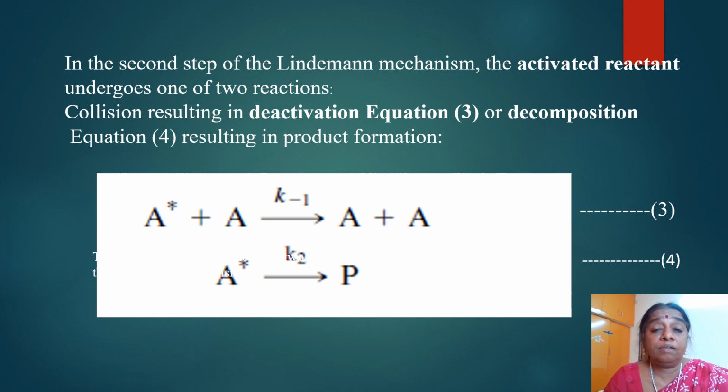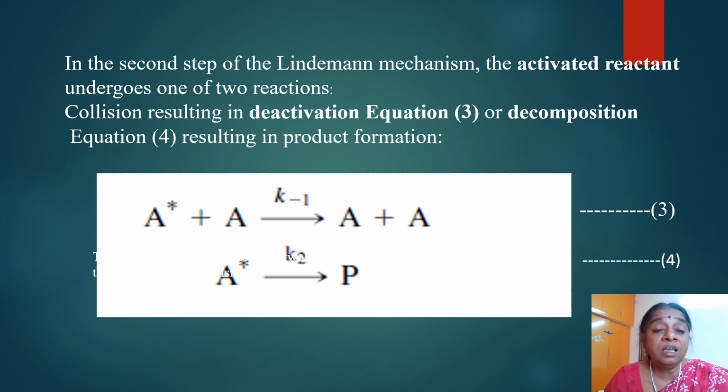Another, third step is the original product formation step, where the active intermediate A star, without any further collision, gives the product, represented by the equation A star giving product, and the rate constant here is represented as K2.